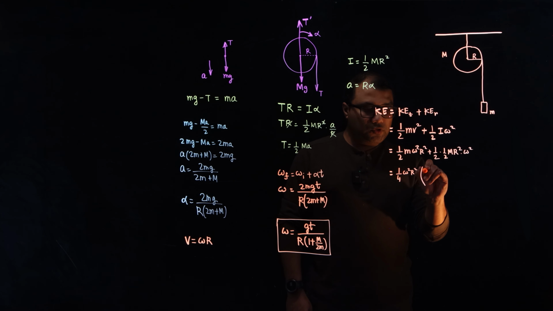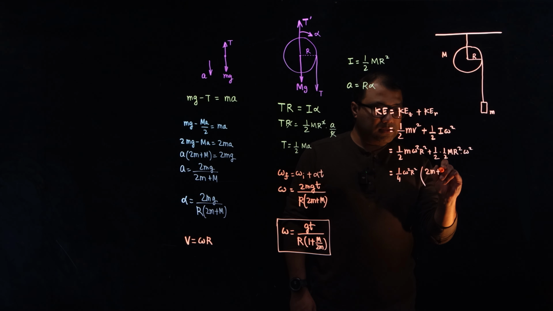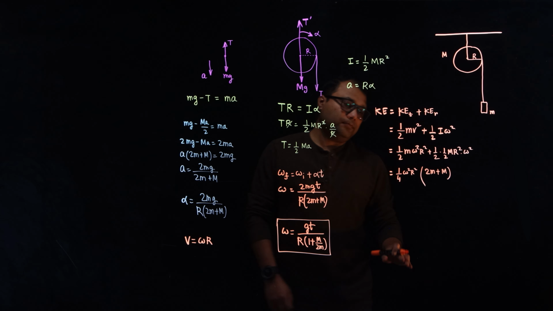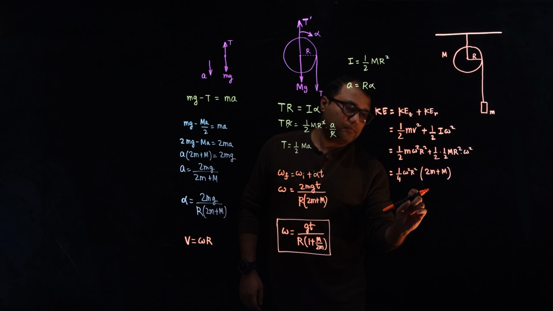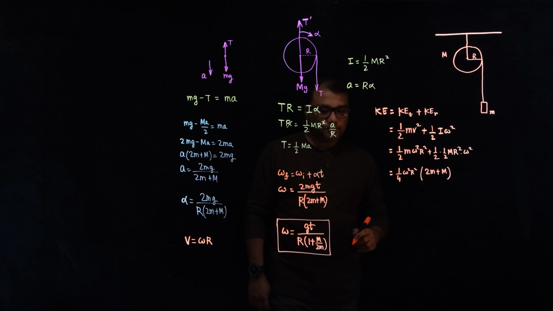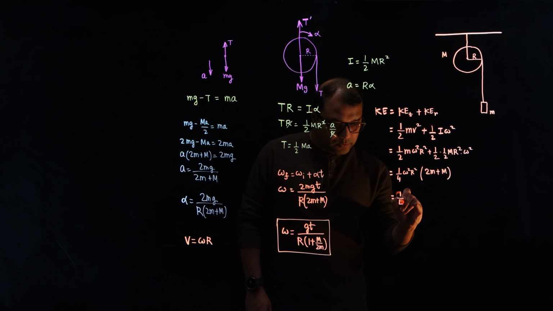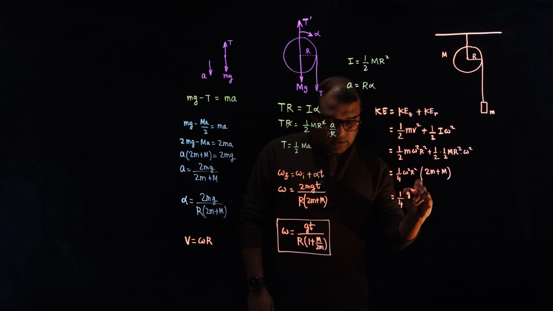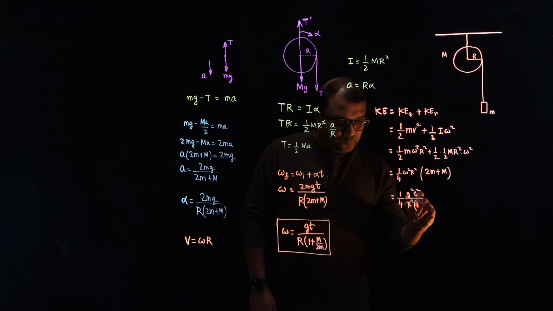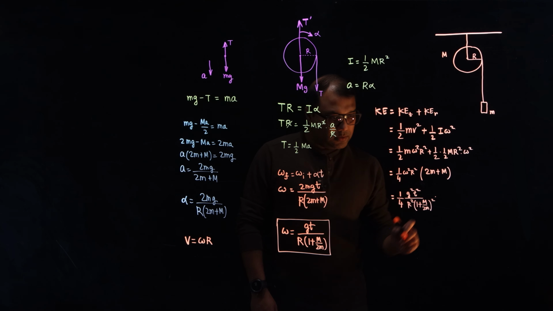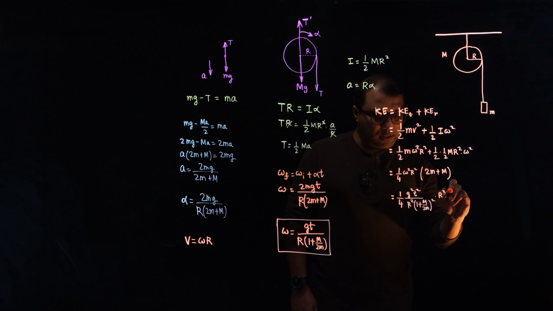So this will be left with 2m plus M. Now omega square is 1 by 4 g square t square by r square times 1 plus M by 2m whole square times r square times 2m plus M. Now r square we can cancel.